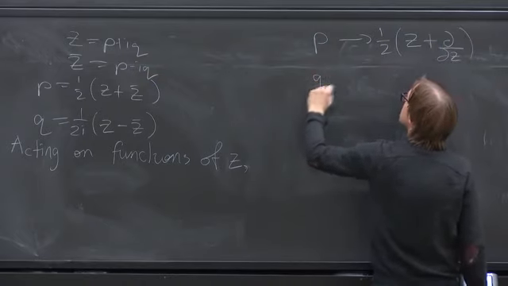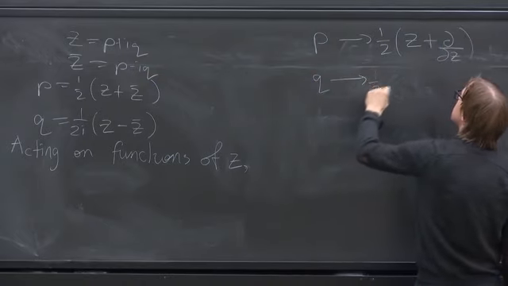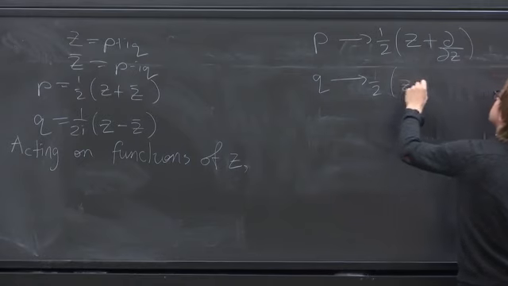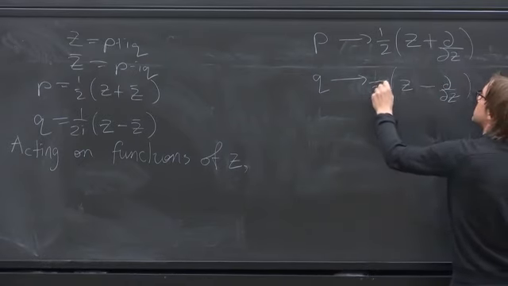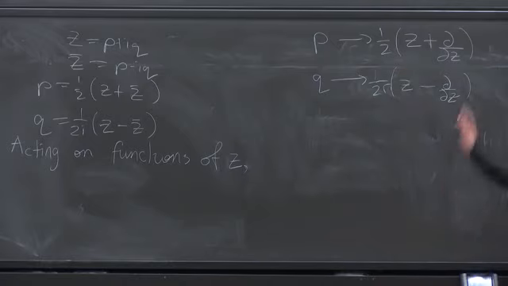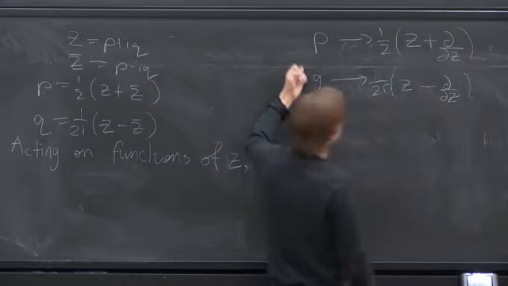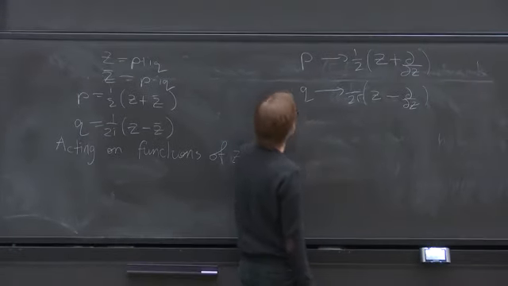And q is sent to a half (z minus d/dz). Well, there's a factor of i here. I think I've missed an overall factor of i. You can check that these satisfy canonical commutation relations.